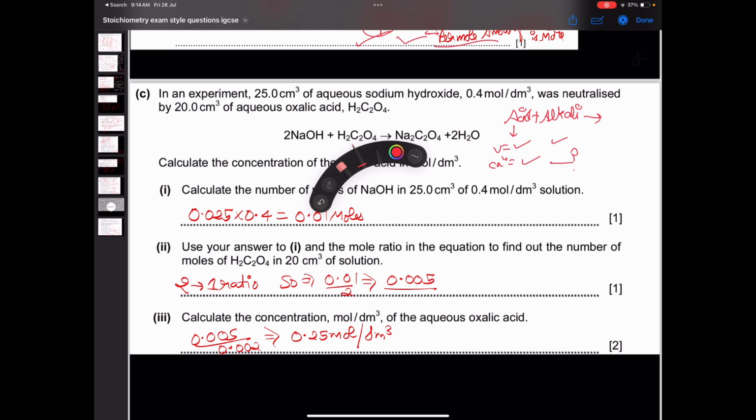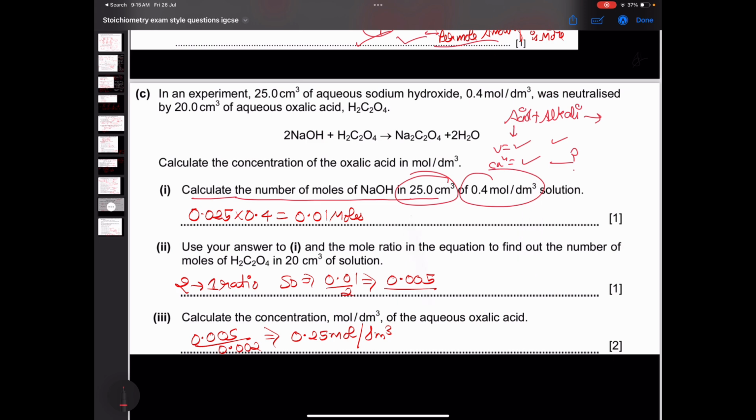This is a typical titration calculation problem in our exam pattern. Volume for both will be given, concentration for either one of them will be given. The last part they will always ask you concentration of the remaining one. Now, for the first part they are asking calculate the number of moles of NaOH in this much volume, this much concentration.